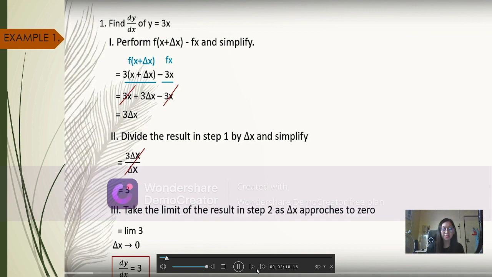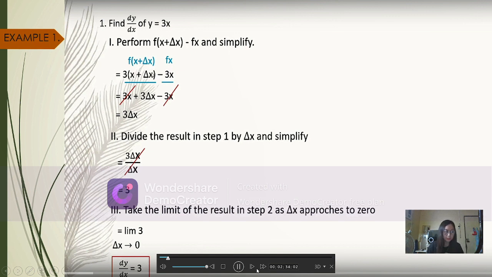Yung 3x na to, lalagay natin siya dito. So, yung x niya is magiging x plus delta x. Lagyan natin siya ng parenthesis. Then, magiging minus 3x. Rewrite lang natin yung 3x dito sa f of x. Ito yung f of x natin, yung 3x.